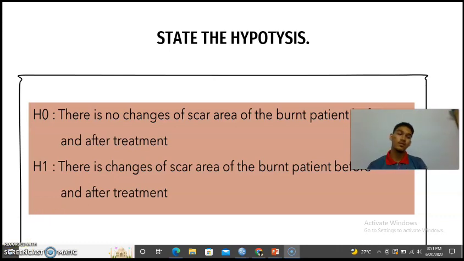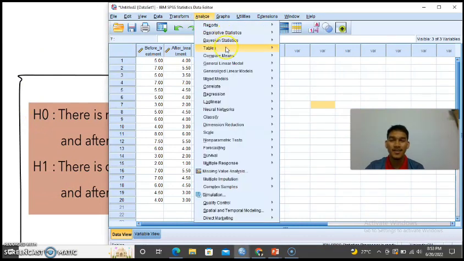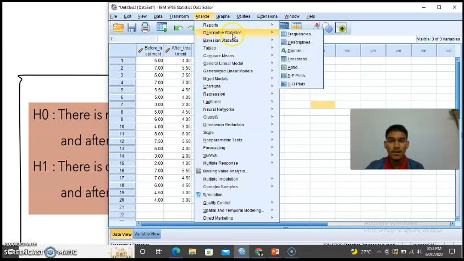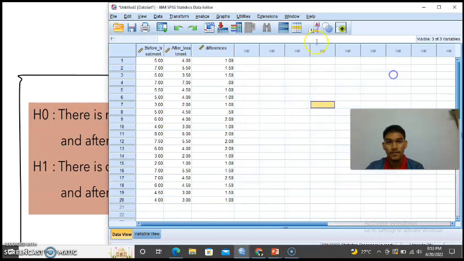Okay, so we need to move back to IBM SPSS to do a paired t-test. How to do a paired t-test? First, we click Analyze, descriptive statistics, explore, I'm sorry.